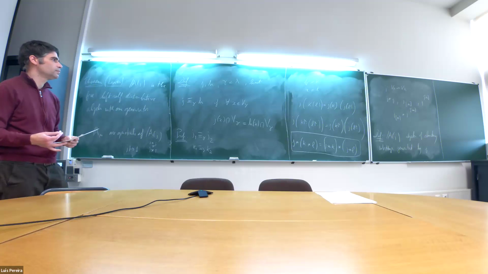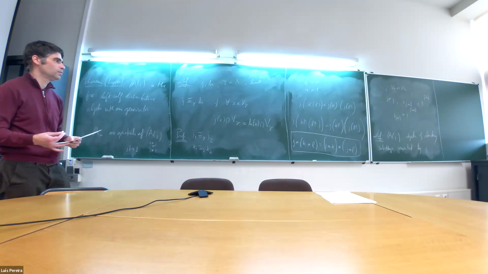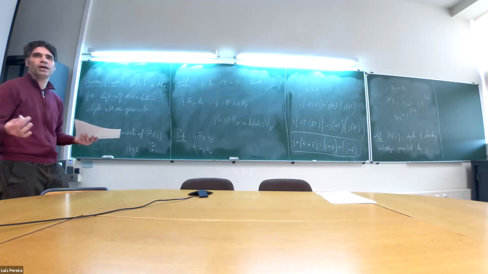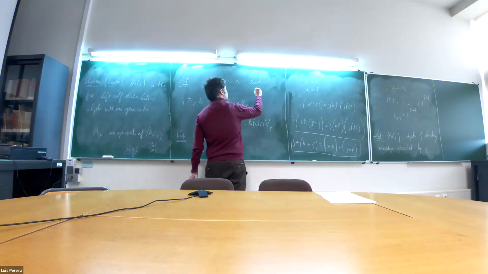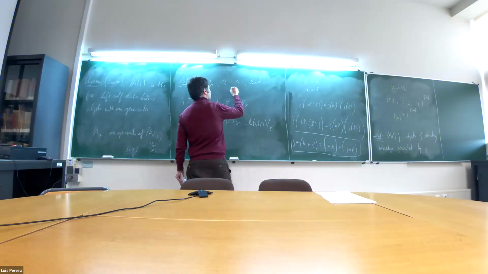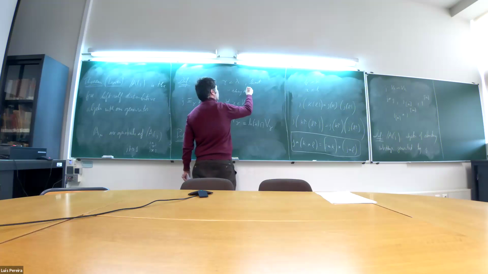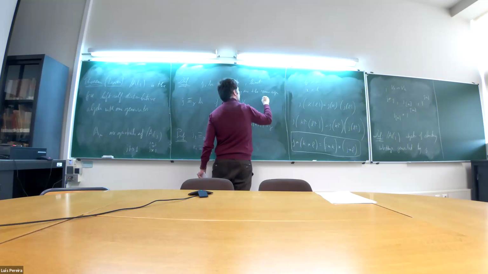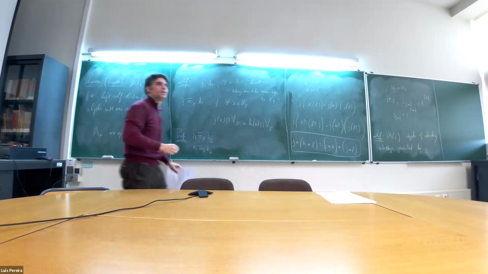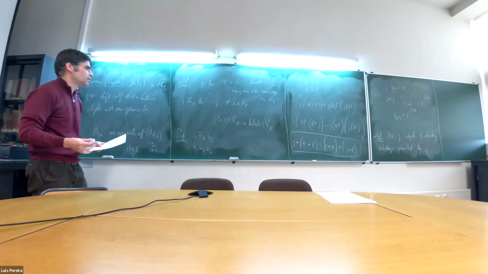Two embeddings are equivalent if they are the same up to gamma. There's this intersection which is a little bit strange, but okay.